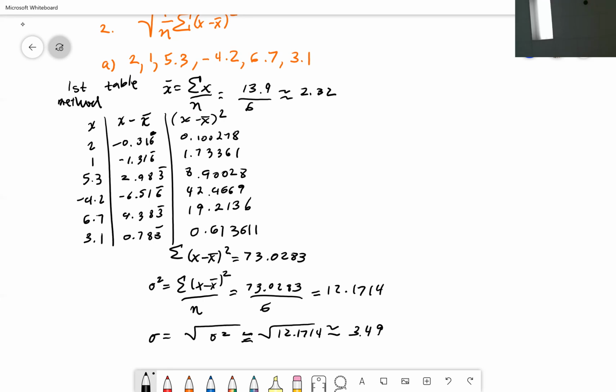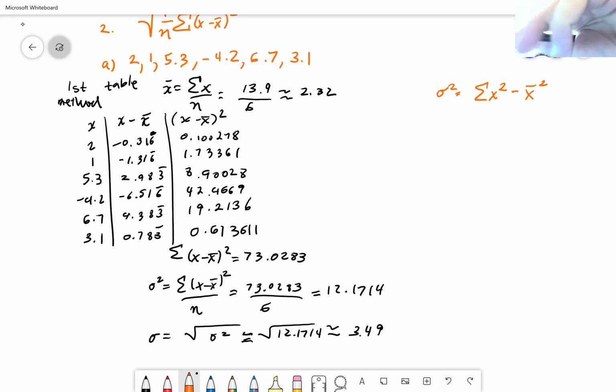So now we do have a shortcut or a formula that makes it a little bit easier. We'll do that in orange here. So the formula for that is the variance equals the sum of x squared over n, minus the mean squared. I believe it's like this. That's very important.